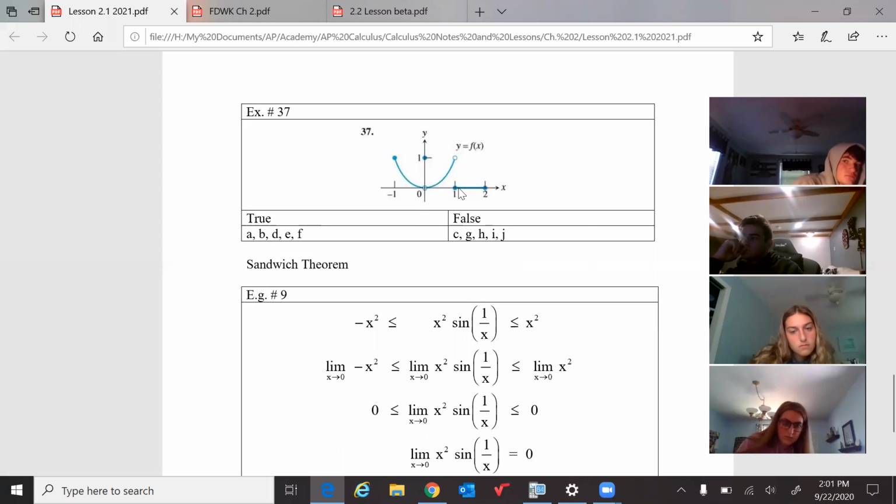So they don't have the same limit. And that's H. H says the limit as x goes to 1 is 1. No. As x goes to 1 from the left, it's 1. But as x goes to 1 from the right, it's 0. They don't match. So the limit is not equal to 1. In fact, the limit doesn't exist.